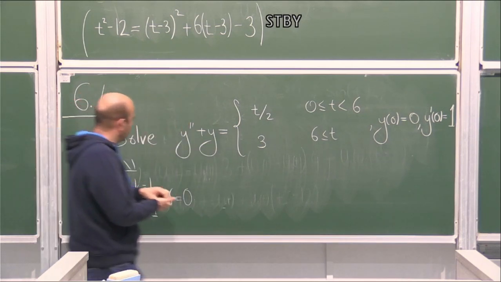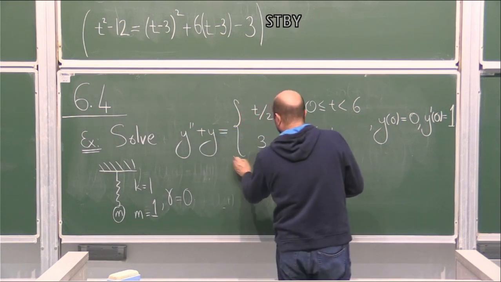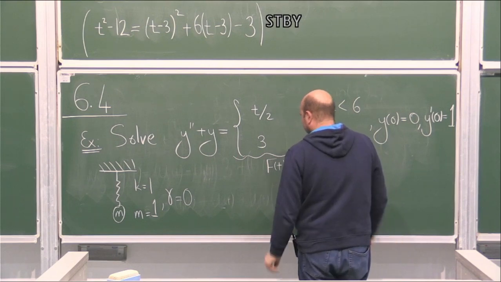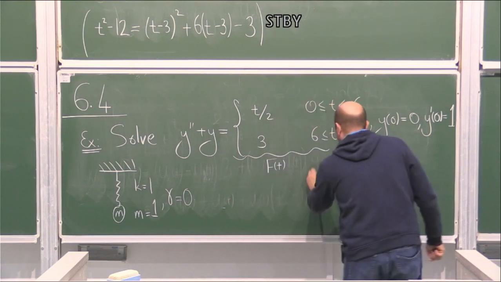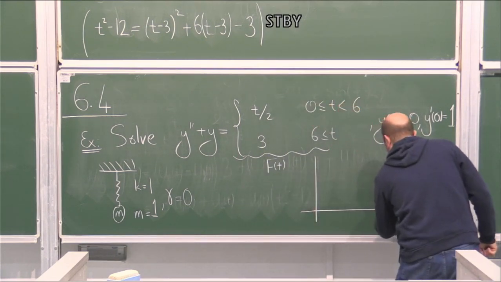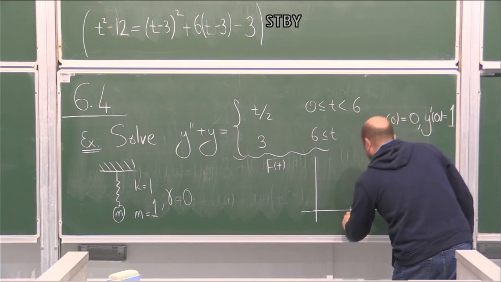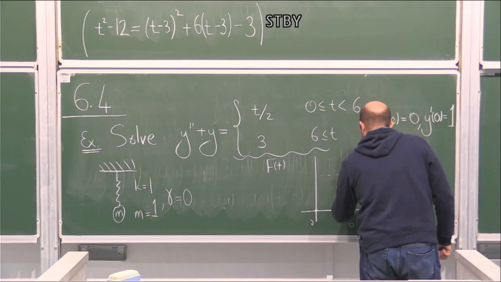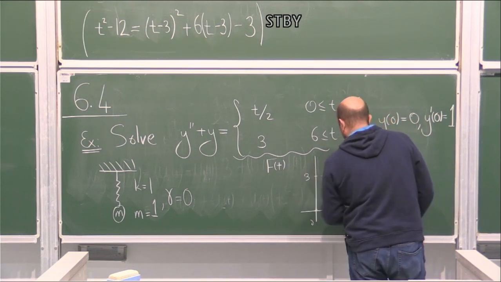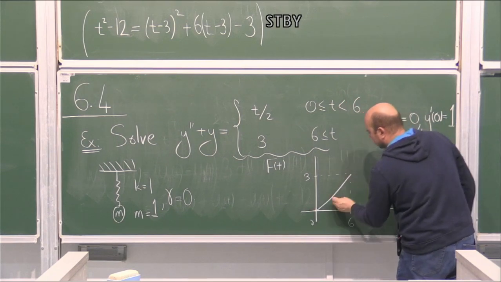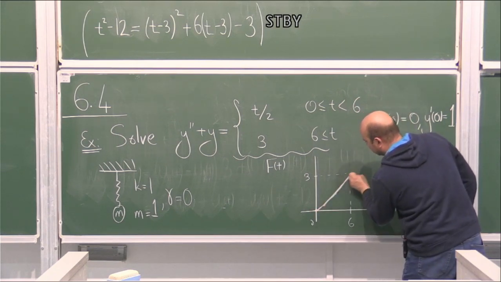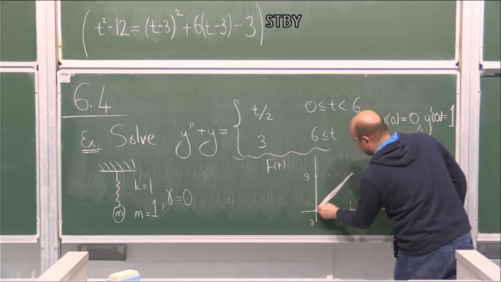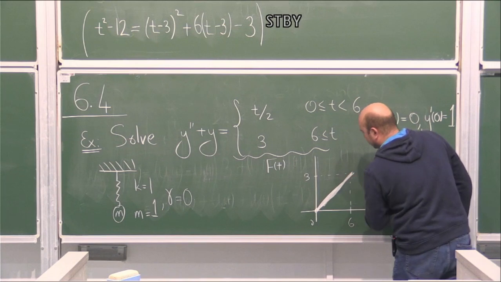So if you look at your force and try to graph it, this is 6, this is 0, this is 3, so it's coming linearly, with a constant slope.